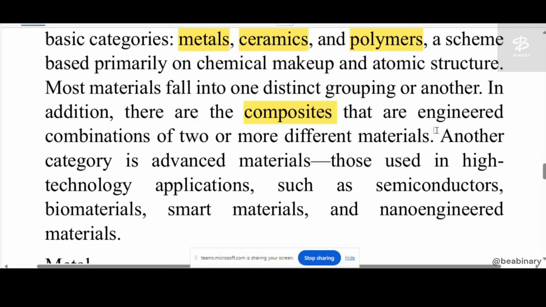So what does a composite require? A composite material requires some kind of matrix and a different kind of reinforcement. So two terms are associated with composites: first is the matrix, and second is the reinforcement.